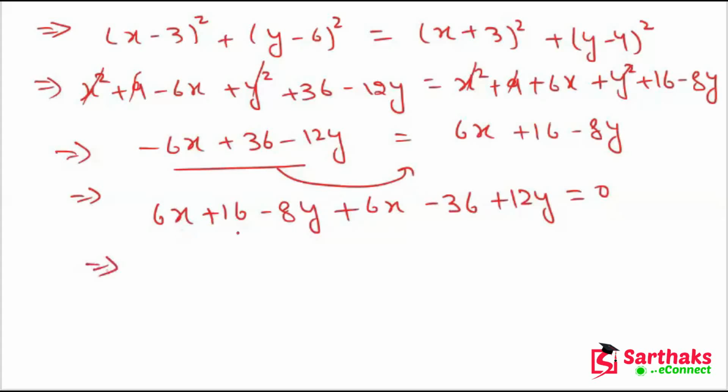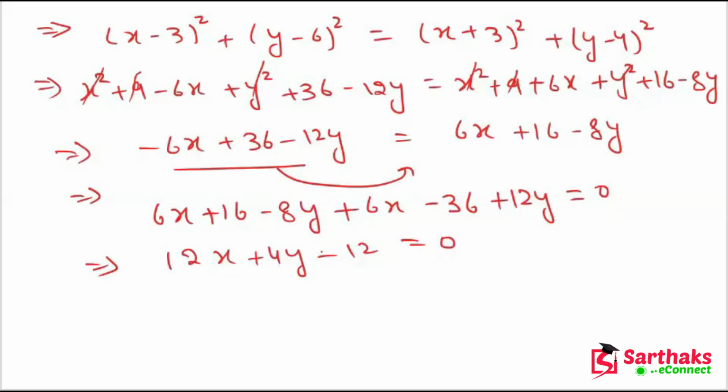So 6x plus 6x becomes 12x, minus 8y plus 12y becomes 4y, and 16 minus 36 becomes minus 20.